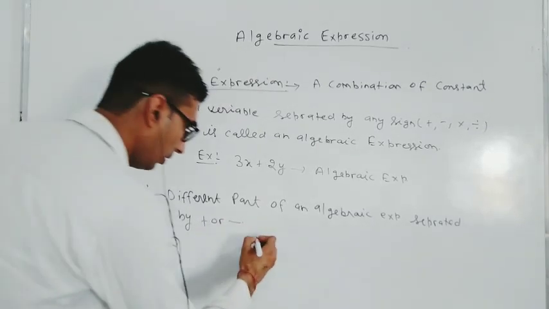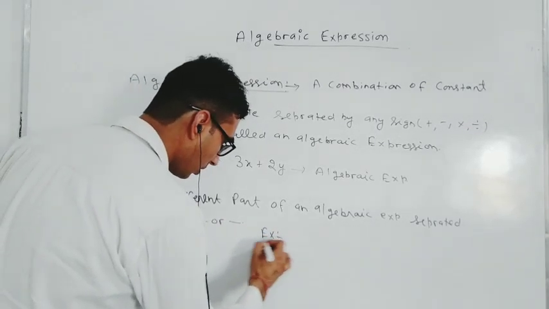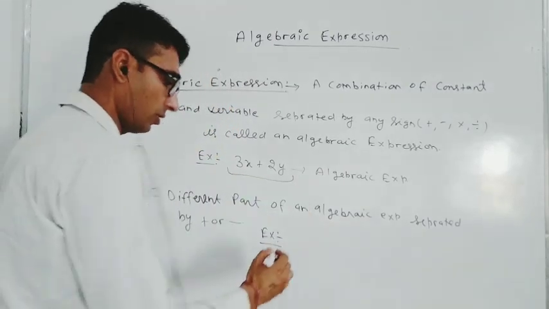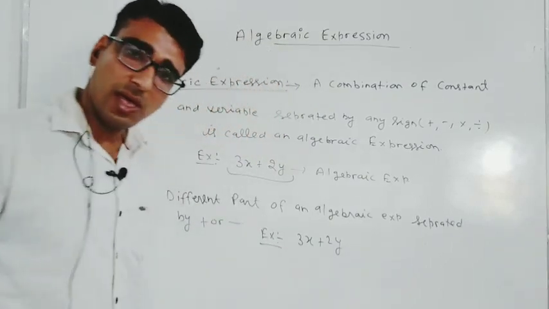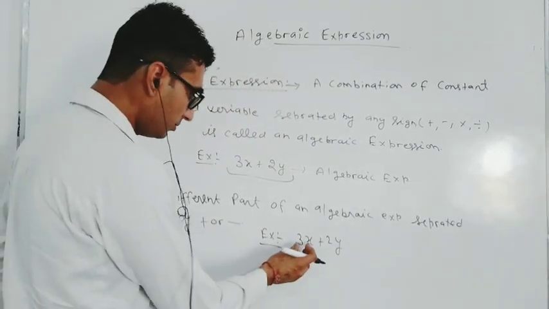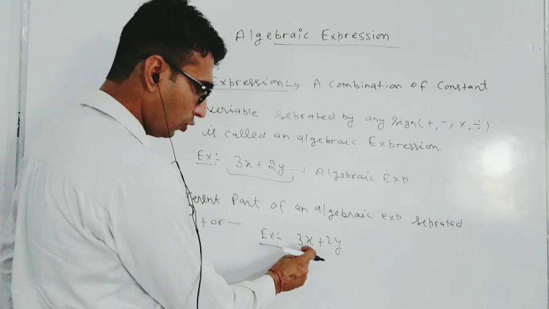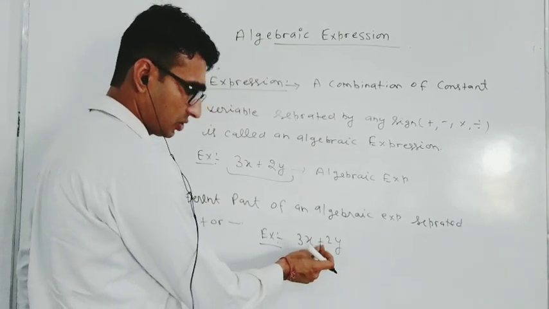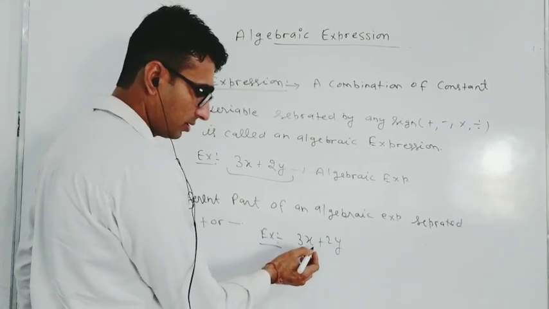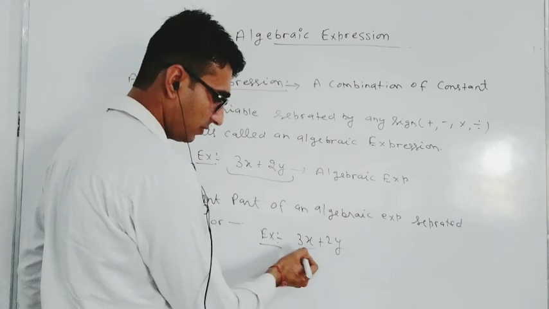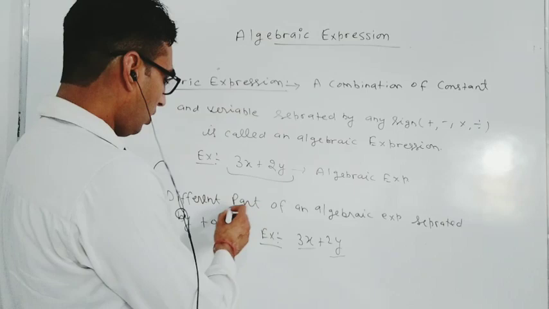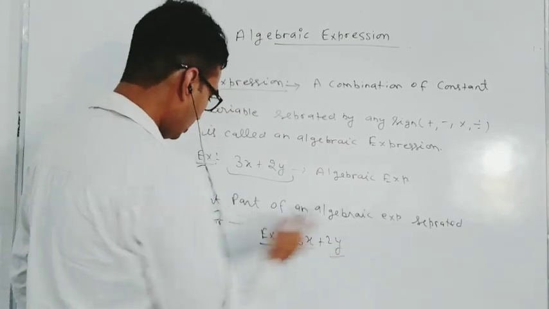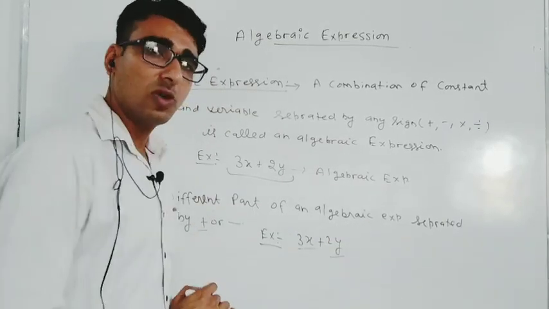For an example, understand by this example only, 3x plus 2y. Here we have two parts separated by plus. One is this one and one is this one. So different part of an algebraic expression separated by plus or minus is called term.